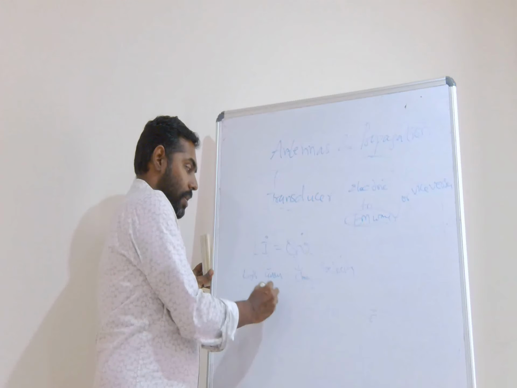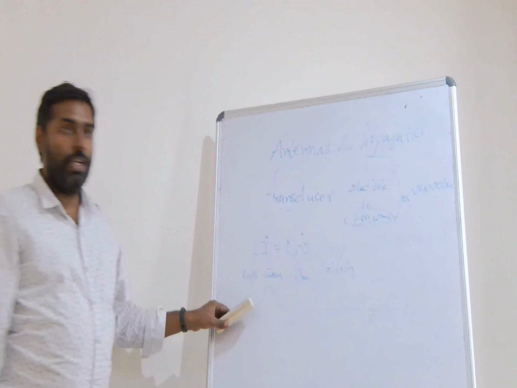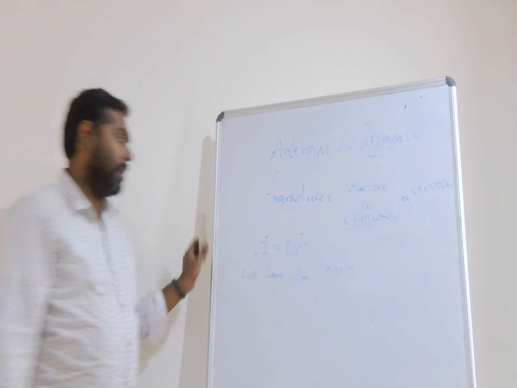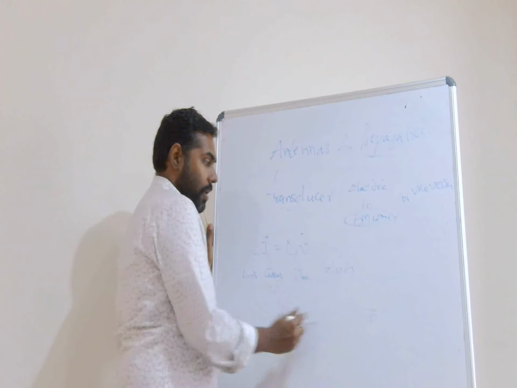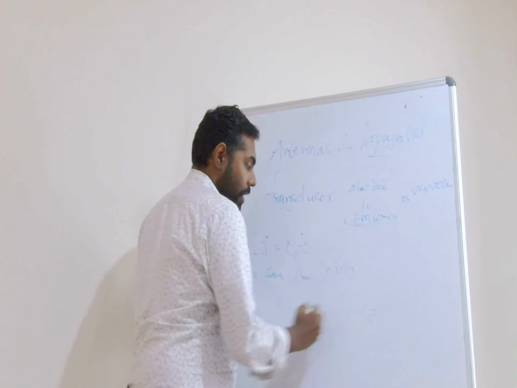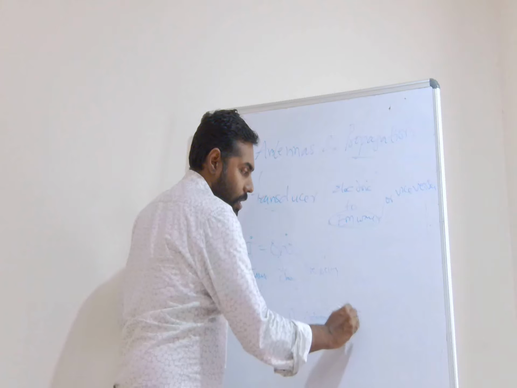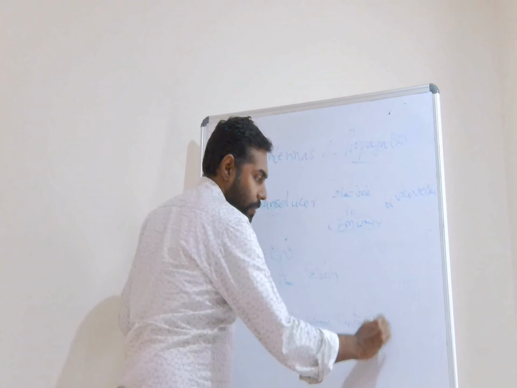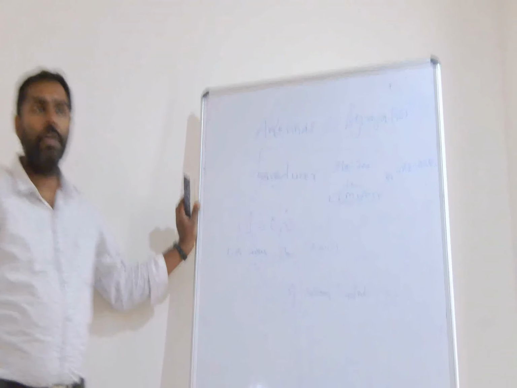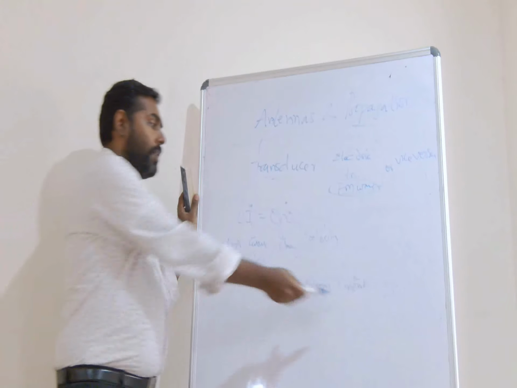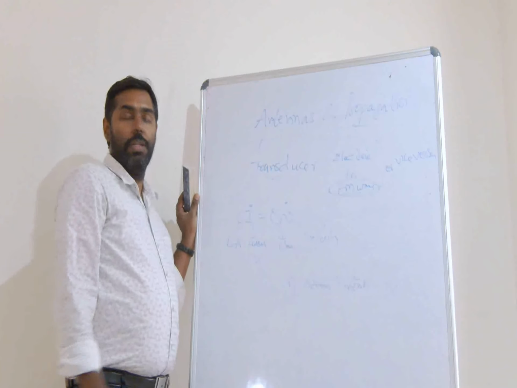If the current is DC, not changing with respect to time, it is constant, and this type of antenna cannot radiate. The antenna does not radiate for DC, because the differentiation of DC current becomes 0.